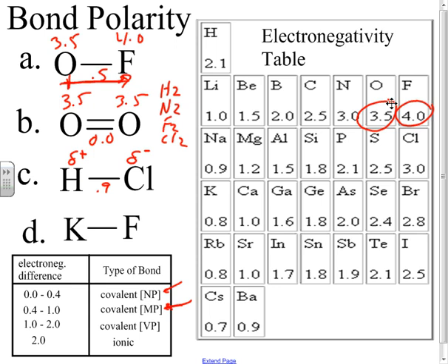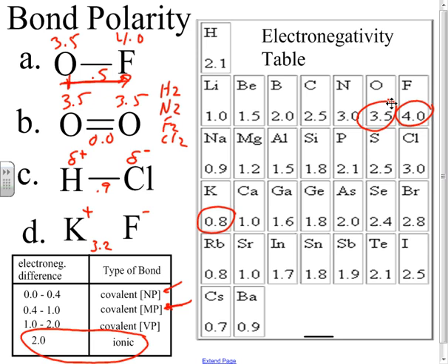If we look at potassium and fluorine, potassium is 0.8, fluorine is 4.0. That makes the electronegativity difference 3.2. That means this bond is actually an ionic bond and not a covalent bond. And so we need to get rid of this line. It indicates a shared pair of electrons, and we indicate that this is a positive ion, this is a negative ion.